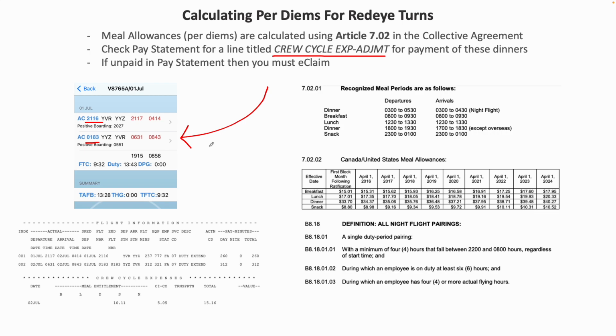I did not have the special night dinner paid out on my pay statement, and when looking at my crew cycle expenses for this month, there was no special night dinner that was paid out in the N column. That would be where the night dinners are paid, when they are paid. So I had to make an eClaim, and I will show you the way that this eClaim works.